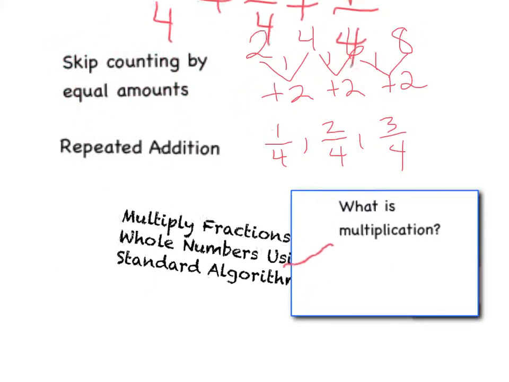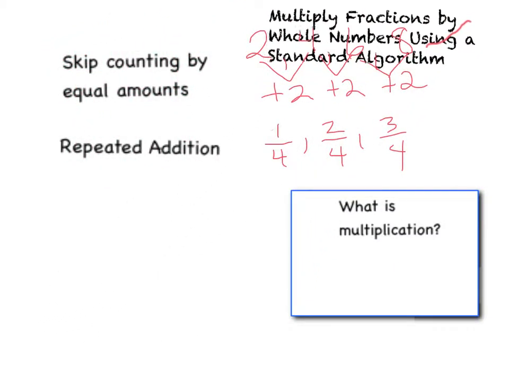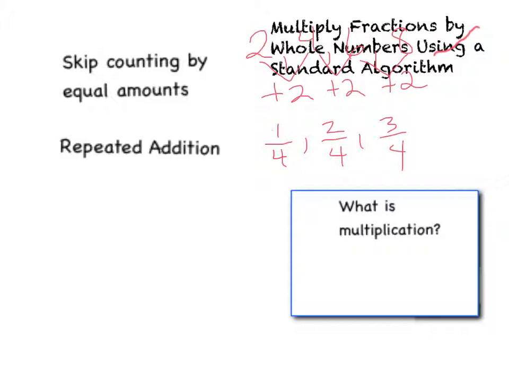But now let's look at something different. What if we were to take that idea and put it with a recipe? Let's say that we are going to cook something that calls for 1/4 a stick of butter, and we want to double that recipe. To double that recipe means we would need this 2 times.